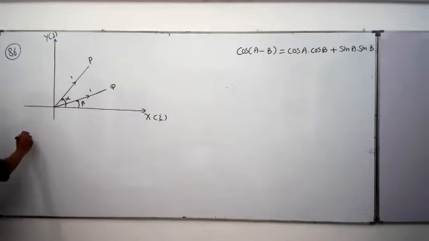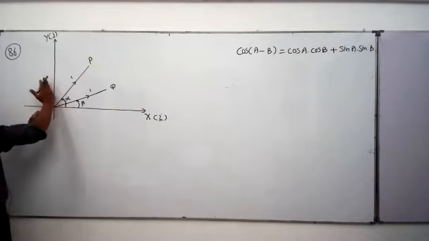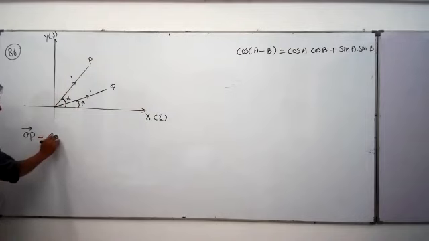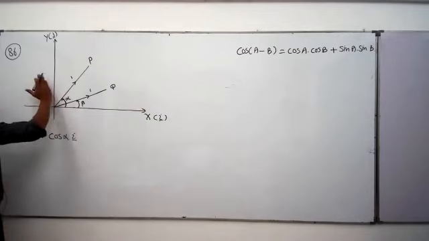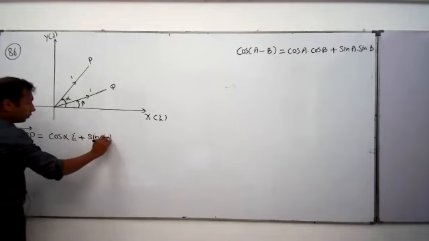This OP vector, people, we have to write. OP vector is a unit vector. First, listen to me, right? How to write the OP vector? This angle is alpha, so it is i cos alpha plus j sin alpha. I cos alpha means cos alpha times i, j sin alpha means sin alpha times j.